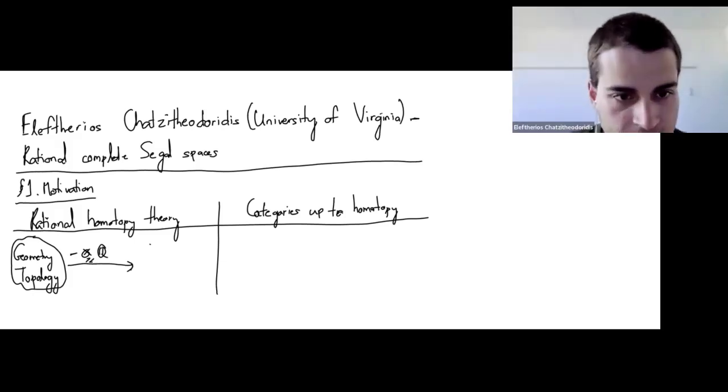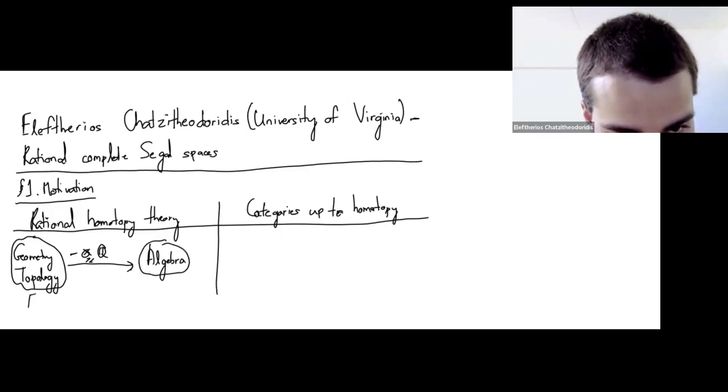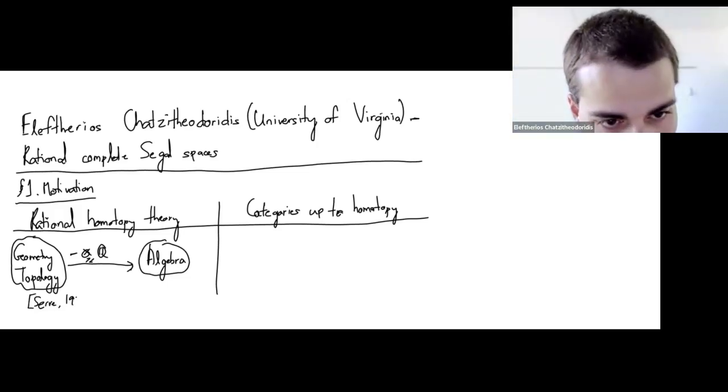An example of that is due to Serre from 1951, who managed to compute the rational homotopy groups of spheres.